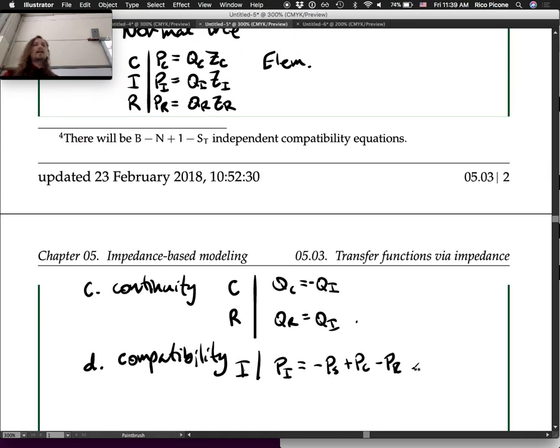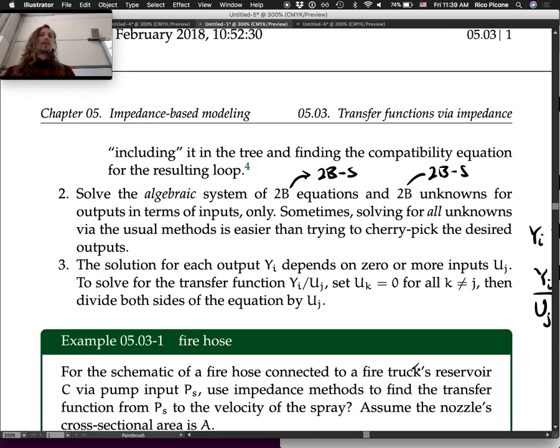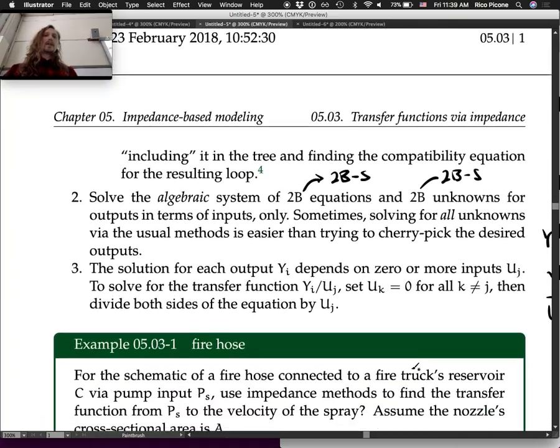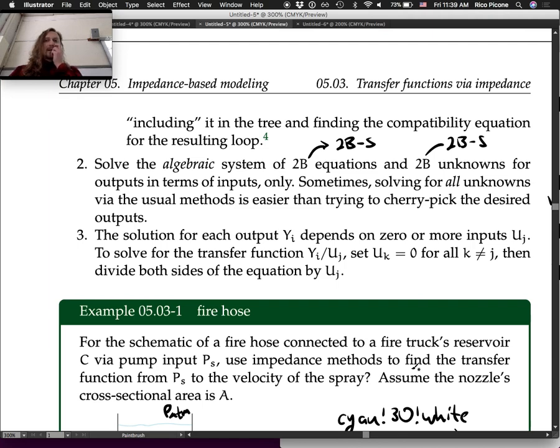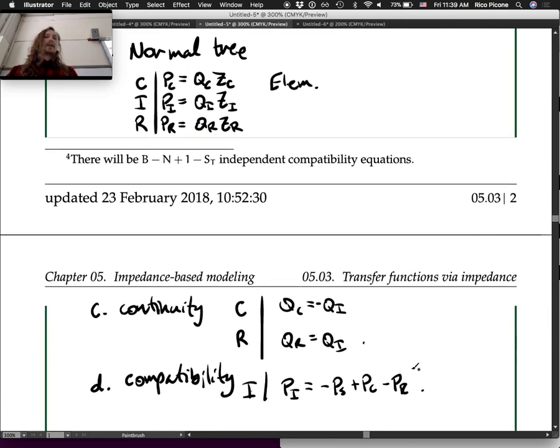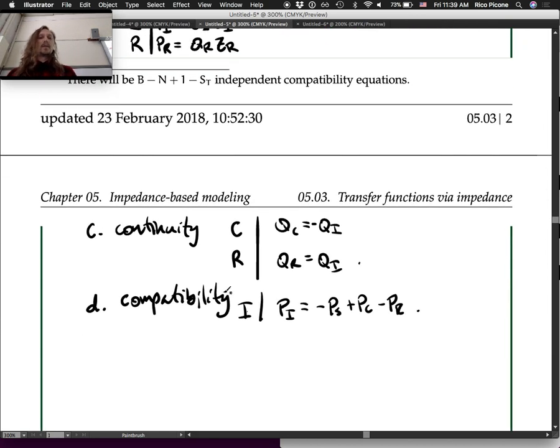So now we've reached the end of 1, right? Now we're on 2. Solve this algebraic system of 2b minus s equations and 2b minus s unknowns. We have 6 equations and 6 unknowns, okay?